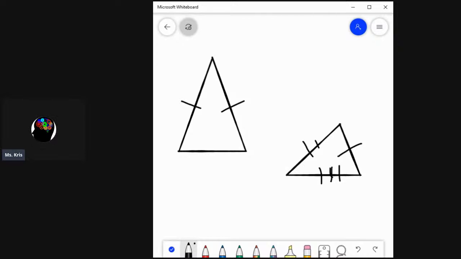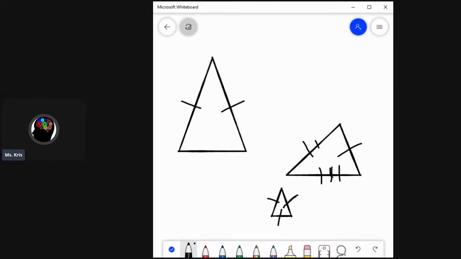And of course, equilateral, that means all of my sides equal each other. So if all of my sides equal each other, that means all of my angles equal each other. And typically an equilateral triangle is an acute triangle.